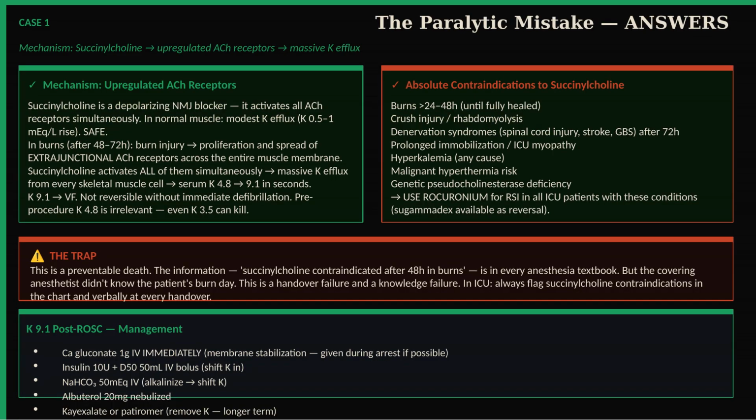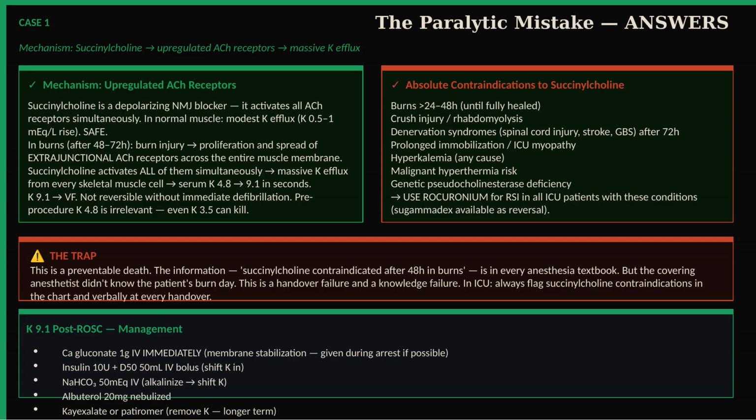The mechanism is upregulated receptors. Succinylcholine is a depolarizing blocker. It activates every acetylcholine receptor at the neuromuscular junction simultaneously. In normal muscle, that causes a modest, harmless potassium rise of half a point to a point.